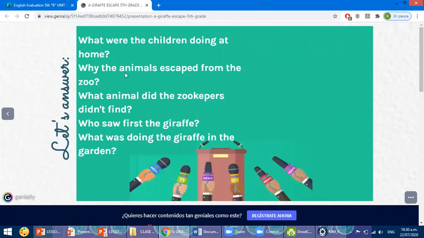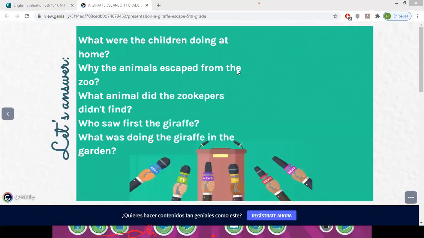Why did the animals escape from the zoo? Why? It's in picture 1. Imanol, tell me please, why? The giraffe. Okay, but Imanol, good try, listen to the question again.